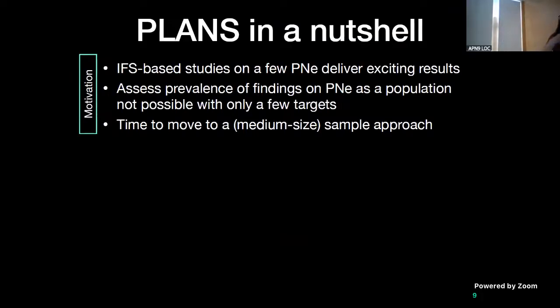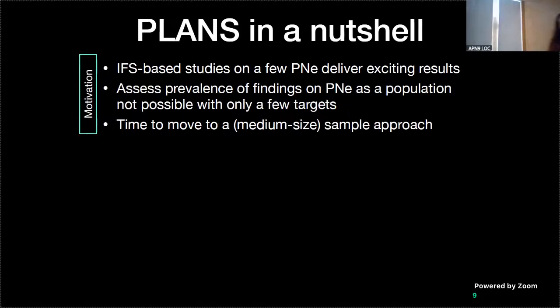So I hope that with this example and others in the literature, we were convinced that integral field spectroscopy can deliver surprises and interesting results. I hope that you are convinced now too. But to assess the prevalence of these findings in planetary nebulae as a population, it is not enough with studies on one individual target or very few targets. So we thought that it was the time to move to studies based on samples.